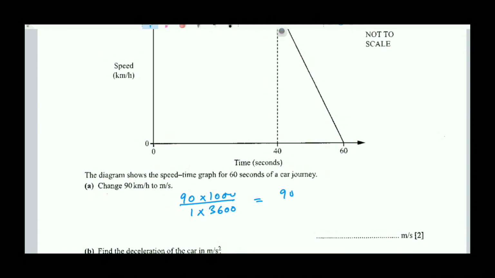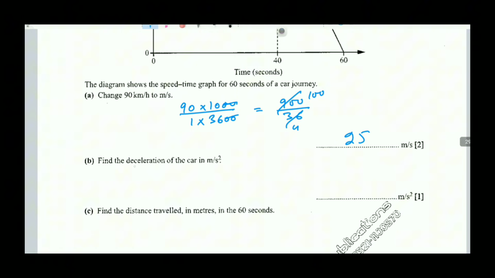So 900 over 36, 100 by 4, is 25. Find the deceleration. Deceleration is the gradient here, and distance is the area here.